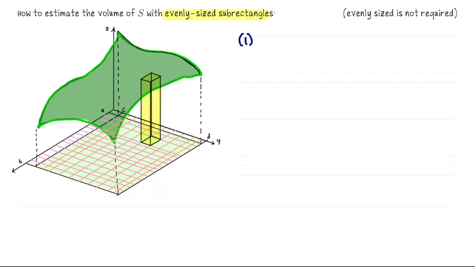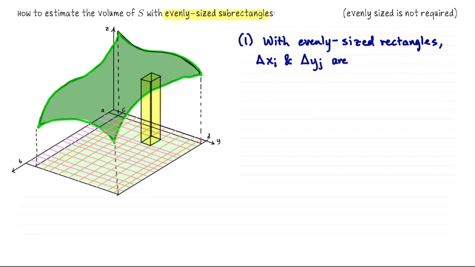Then the first thing we're going to do is compute delta x and delta y. Since the subrectangles are all the same size, we're not going to have delta xi and delta yj depending on the subrectangle i and j. If our subrectangles are not evenly sized, then delta x and delta y may depend on the subrectangle, but in this case they won't.